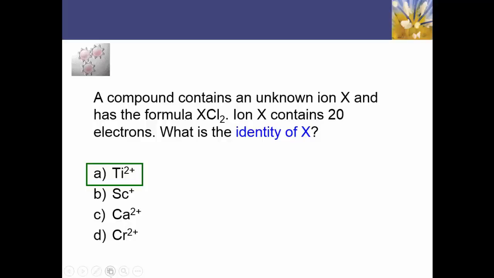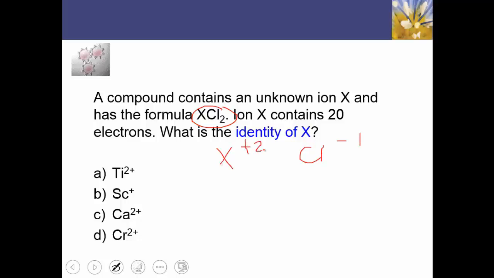What I want to do is, first of all, just look at 20 electrons. It's an ion. First of all, with Cl2, chlorine has a -1 charge, which means that X has to have a +2 charge.